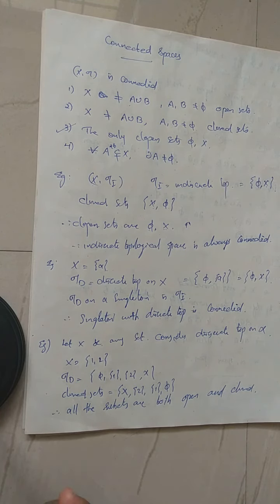So in the discrete topology, if the set has more than one element, then every proper subset is also an open set.